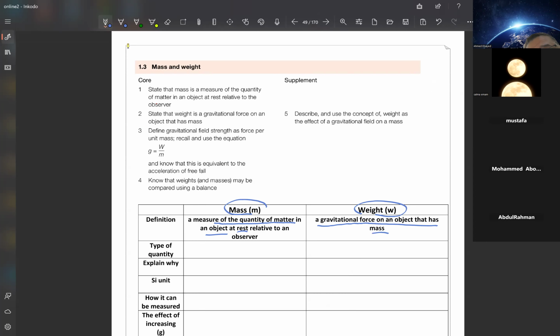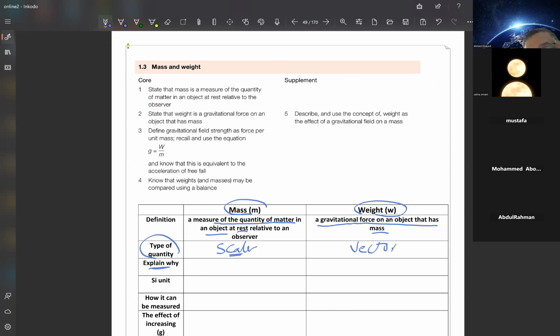Mustafa Khalid, what's the type of quantity? Mass, scalar or a vector quantity? Scalar. Okay, what about weight? Vector. Okay, now Muhammad, explain why mass is a scalar.